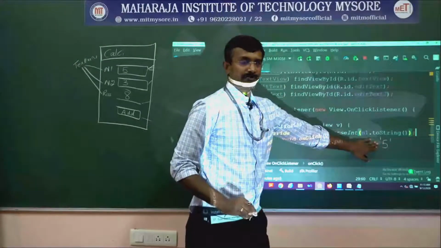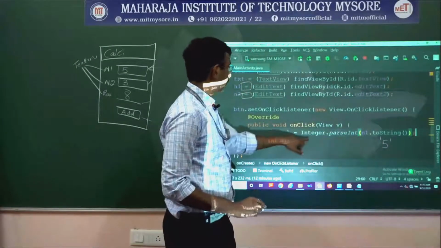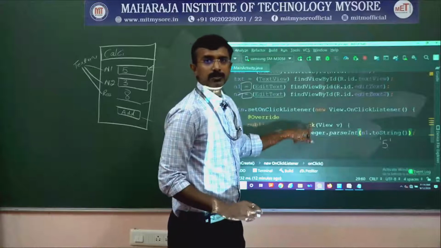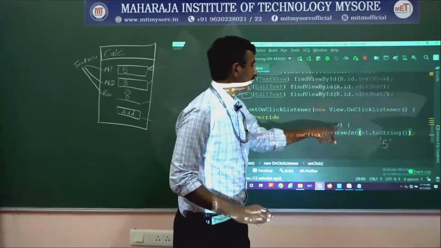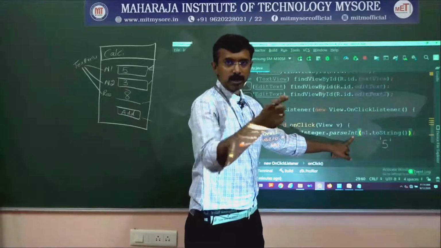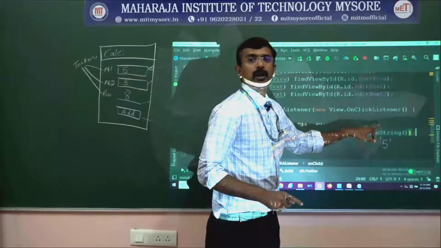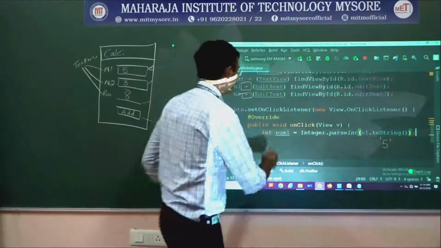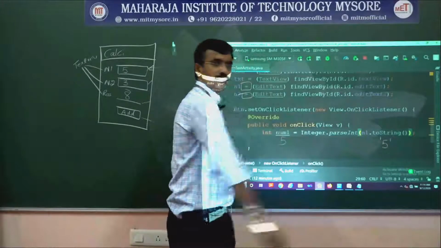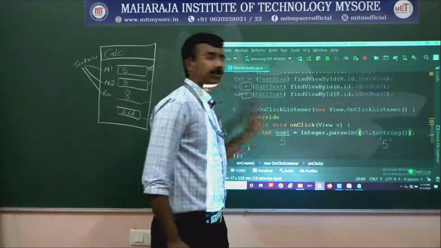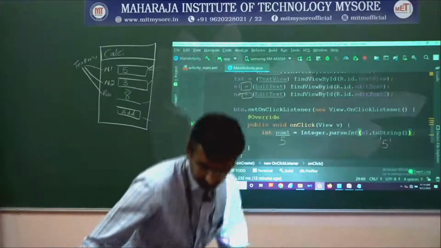We are converting this 5 to an integer using Integer, which is a class. We are making use of the static class's parseInt function. Using that function, it is going to convert your string to an integer. Then it will become 5. So the string is converted into an integer.